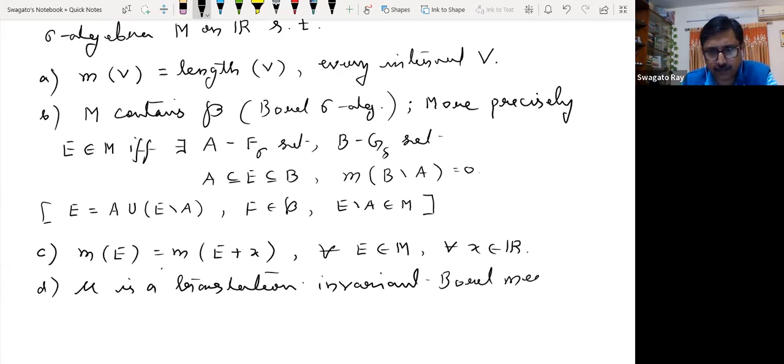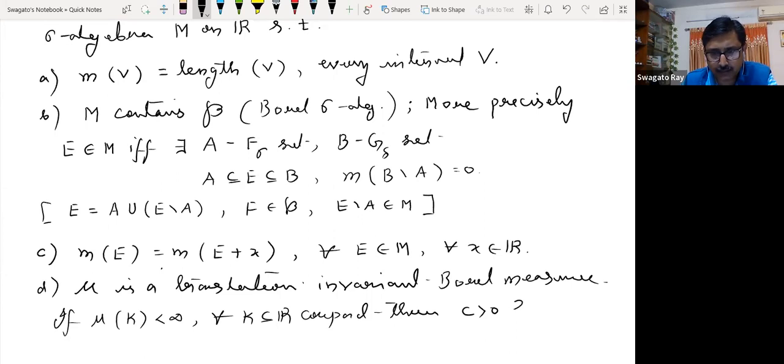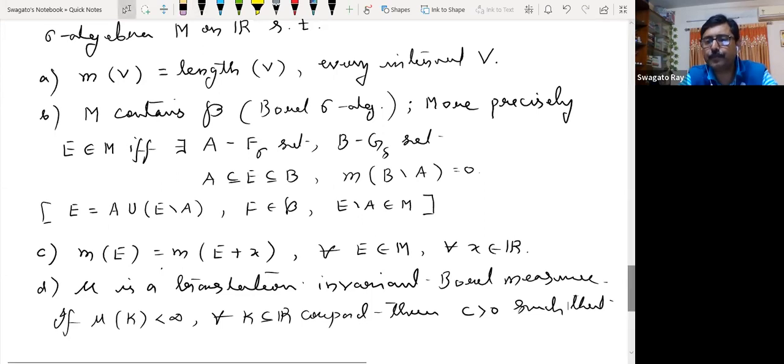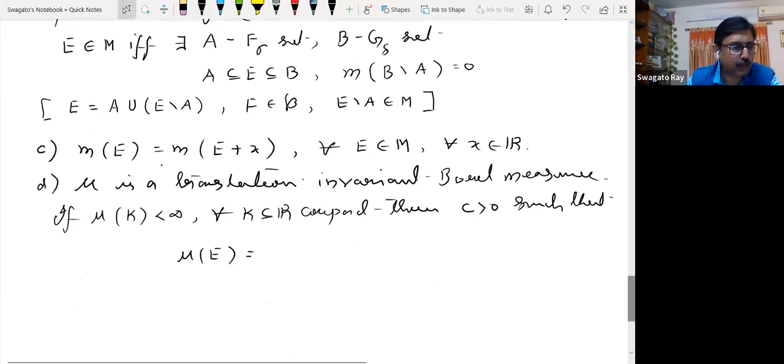That means it's defined on the Borel structure. If the measure of every compact set is finite, for all K subset of R compact, they're all Borel sets, then there exists a positive real number C such that mu of E is equal to C times M of E, for all E subset of R Borel.